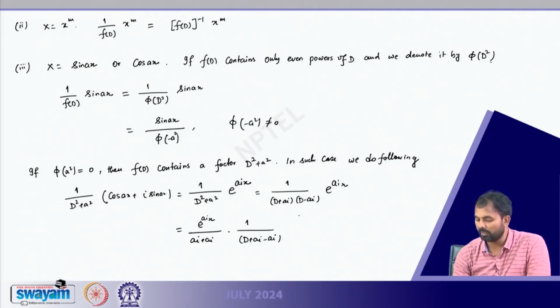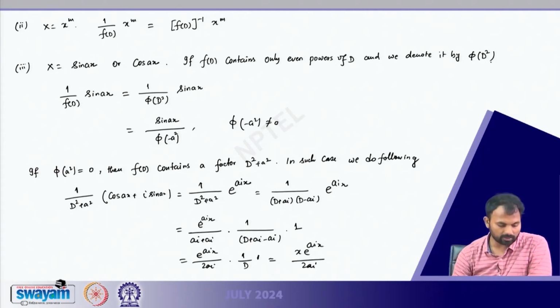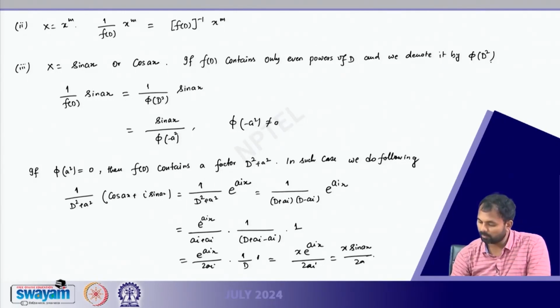So, on the right hand side we will have 1 only, and this becomes x e to the power iax by 2ai of 1 by D of 1. From here we can separate it: it becomes x sin ax by 2a minus i x cos ax by 2a.